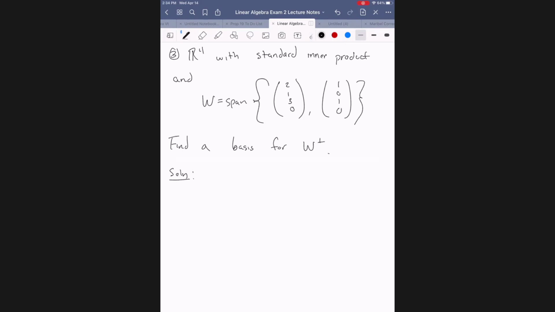So recall that W complement is equal to the set of all vectors V such that V inner product with W is equal to 0 for every W in W, right?